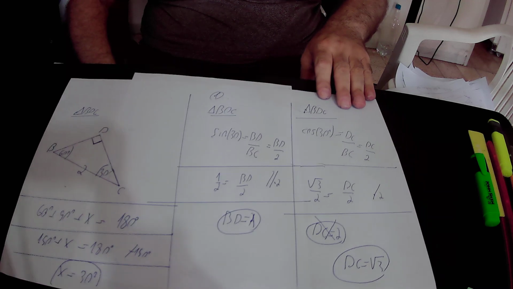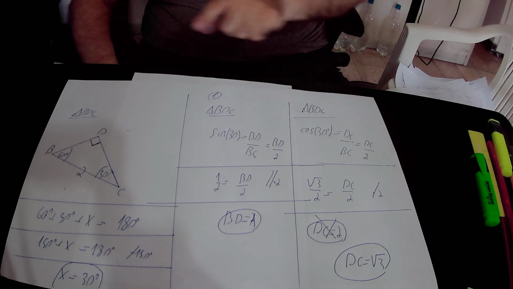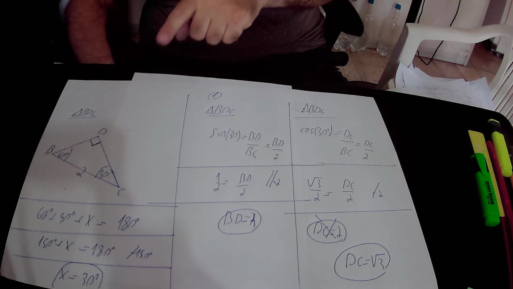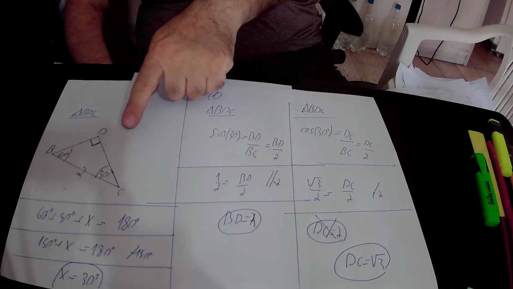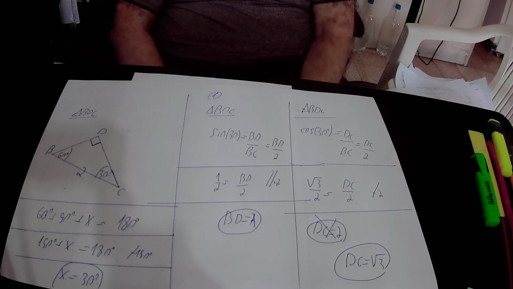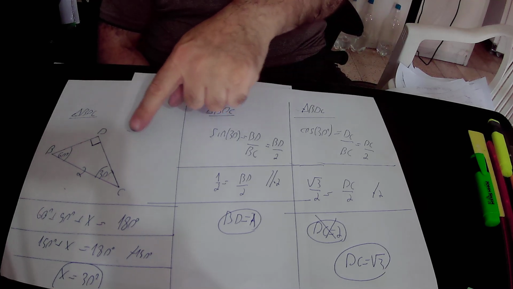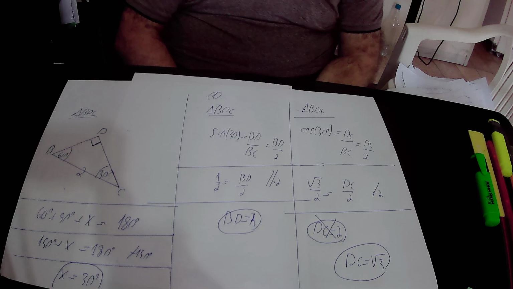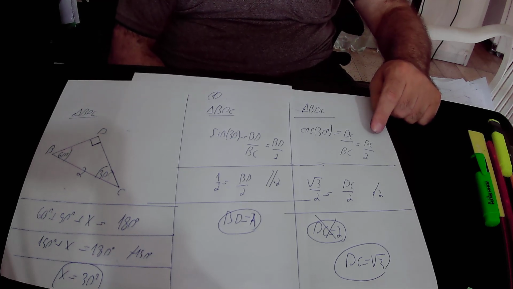Okay, then we continue to focus on the right triangle CDB. In this right triangle, it is very easy to see from the drawing that cosine 30 degrees equals DC over BC.